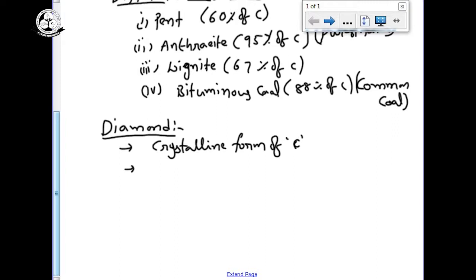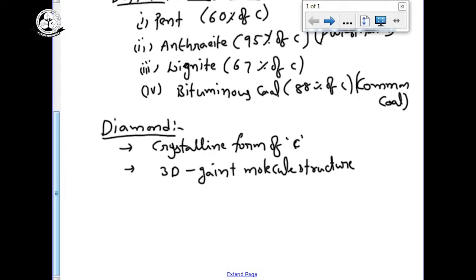Moreover, it is a three-dimensional giant molecule structure. In the class 11 or 12 textbook, the diagrams of the diamond and graphite structures are given.